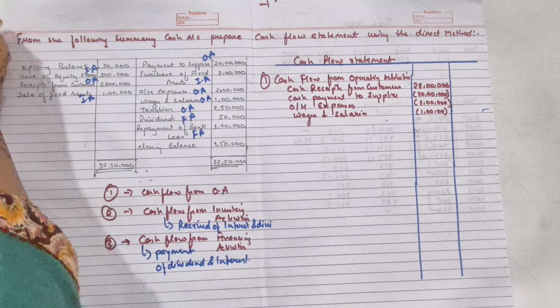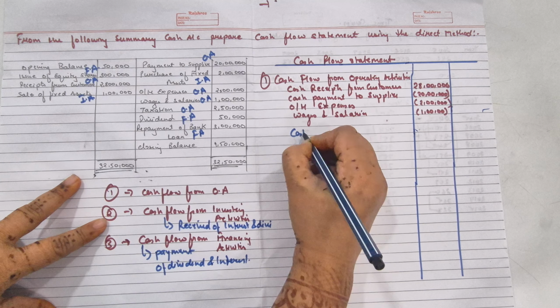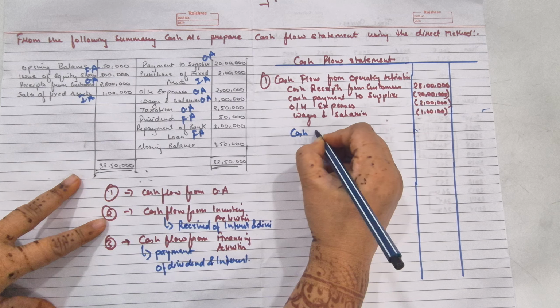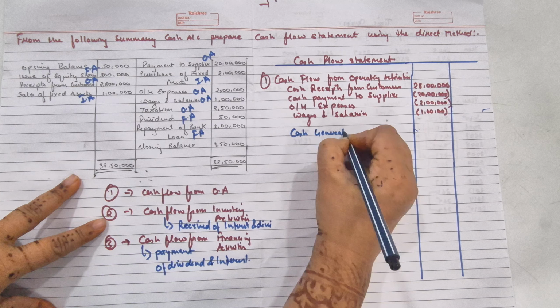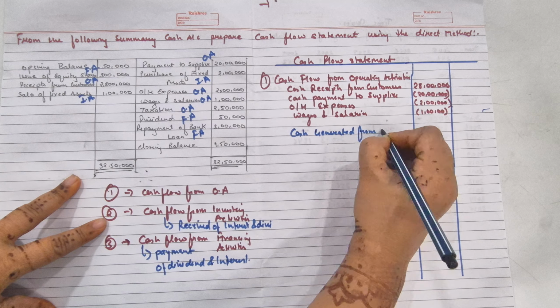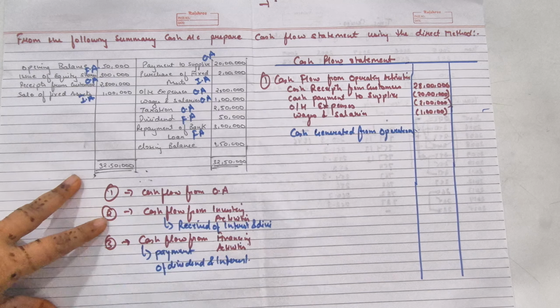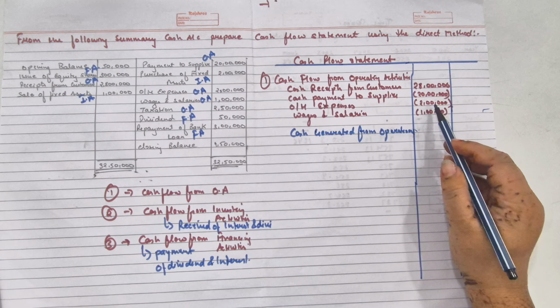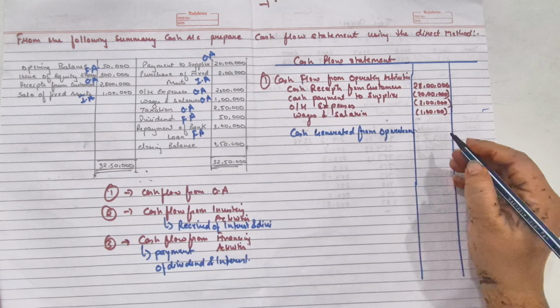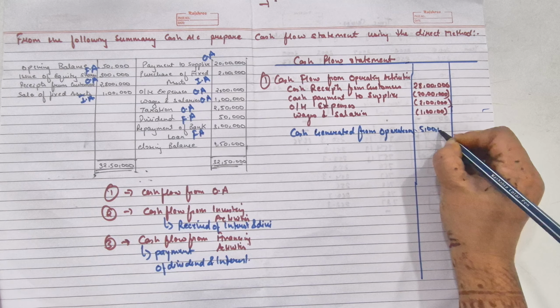So your cash generated from operations would be 28 lakhs minus 20 lakhs minus 2 lakhs and minus 1 lakh. That would be your 5 lakhs.